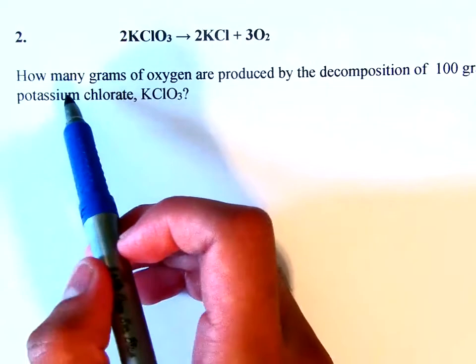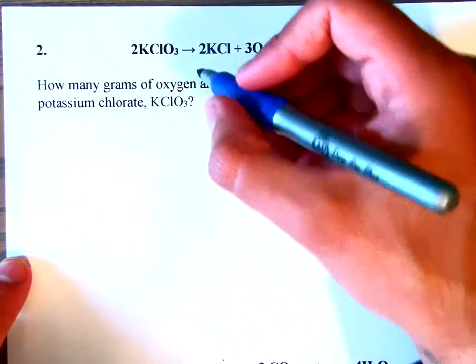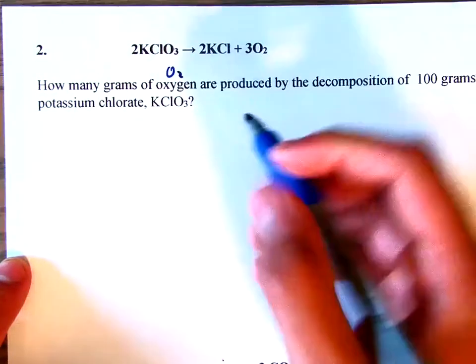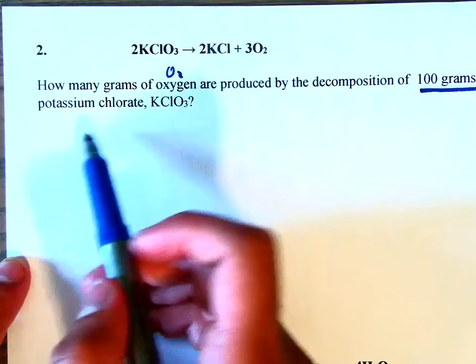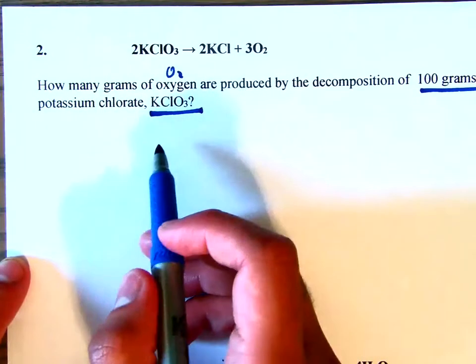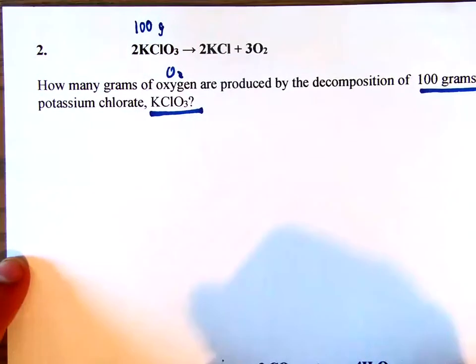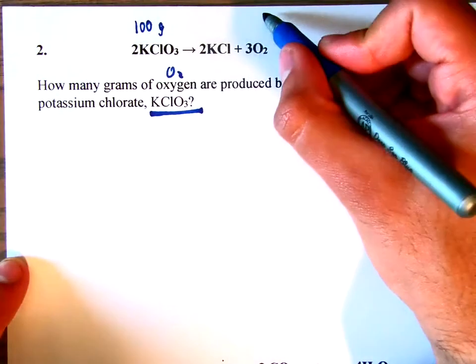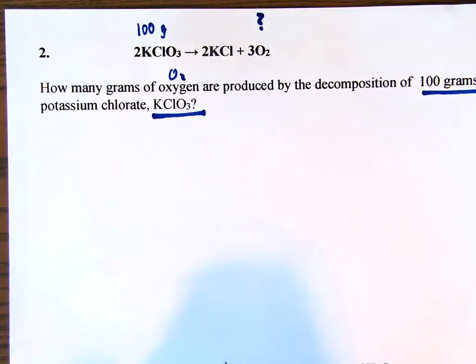The question is: how many grams of oxygen, and remember that oxygen is O2, are produced by the decomposition of 100 grams of potassium chlorate, which is this compound right here? So I have 100 grams of this, and I want to figure out how much oxygen that makes. Let's go through the process.